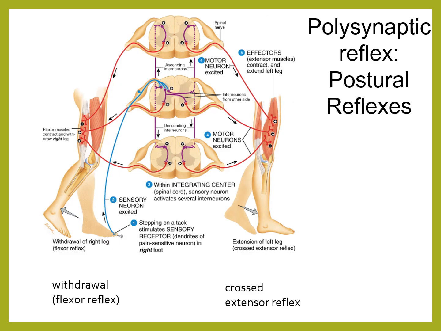On the opposite leg, a whole series of postural compensation has to take place so that you don't fall over. So you can see from this diagram that there are numerous reflex arcs that are set up between these 2 legs, one being pulled away and the one you're left standing on. And each of these reflexes contain more than one synapse, so they are known as polysynaptic reflexes.